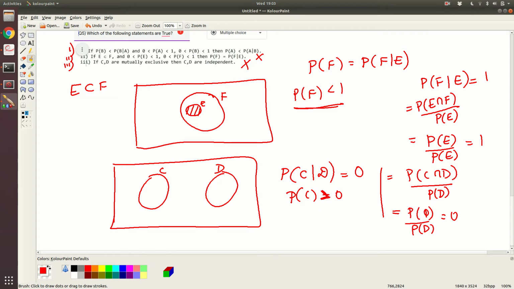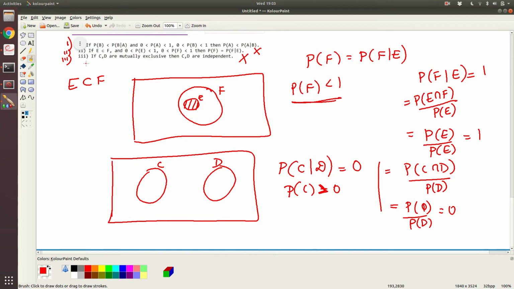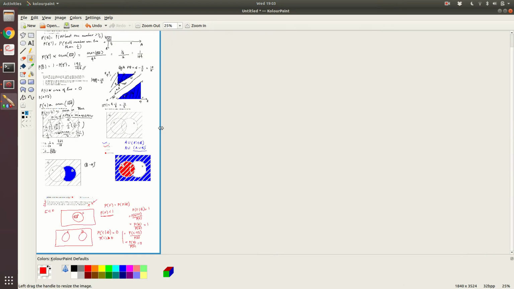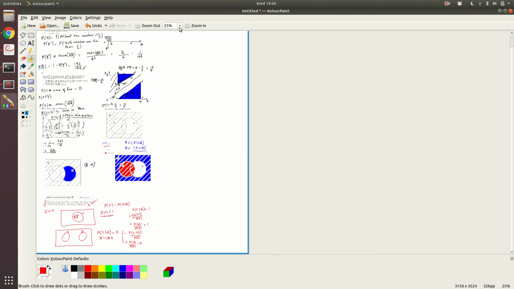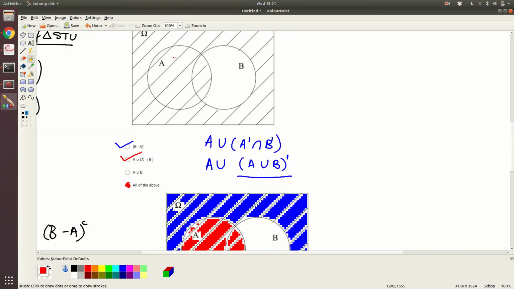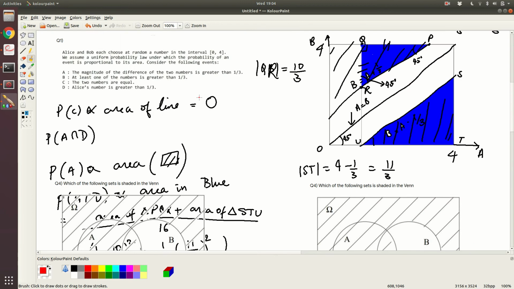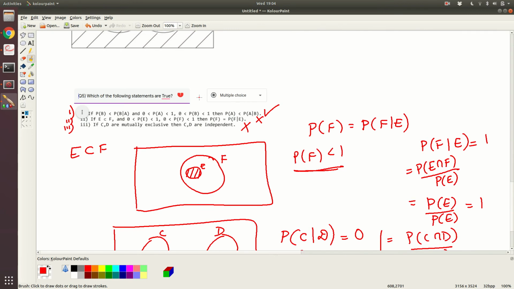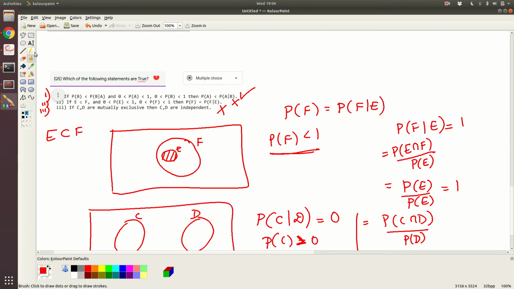Okay, now the statement that is true is actually statement 1. So this we will show now. Statement 1 is actually true. So let's do that. What's the statement saying? Let me just copy that over.